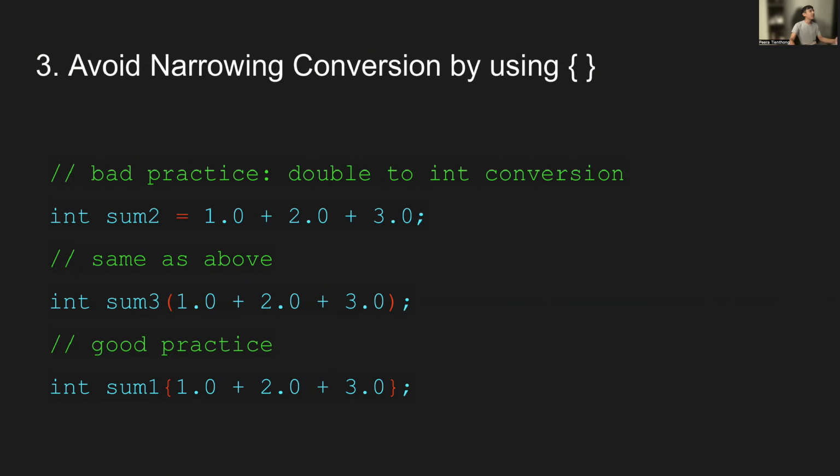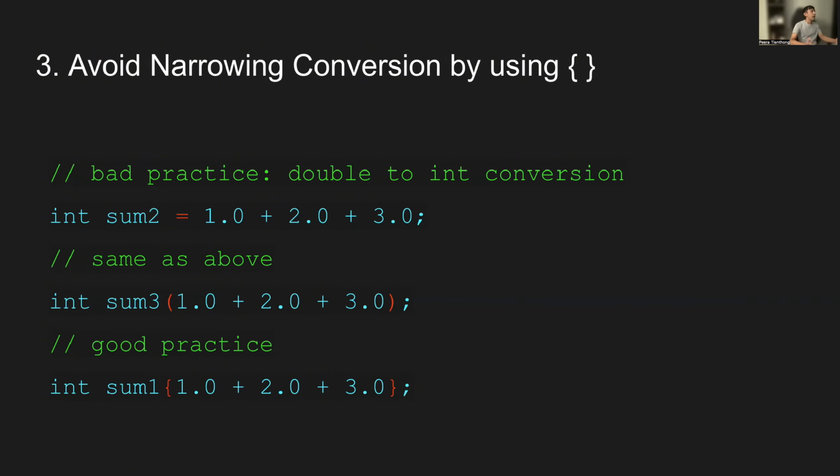As you can see in the comment, the bad practice is to just use copy assignment from double to integer. This is an implicit conversion from double into integer. Why is it bad practice? Because the narrowing conversion occurs without intention.